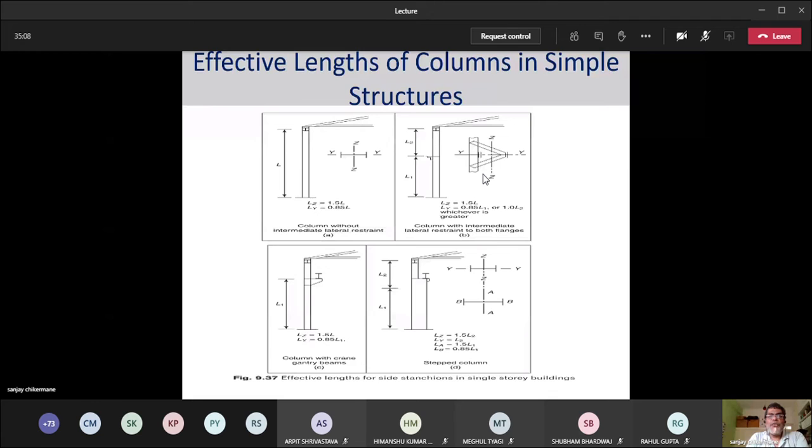Now, because it's restrained there, what I end up getting is that my Ly is 0.85 L. On the other hand, my Lz, in the Z direction, this member behaves like a cantilever, because the roof does not restrain this member from going in the Z direction. The roof is just restraining the member from moving in the Y direction. Is this making sense, guys?